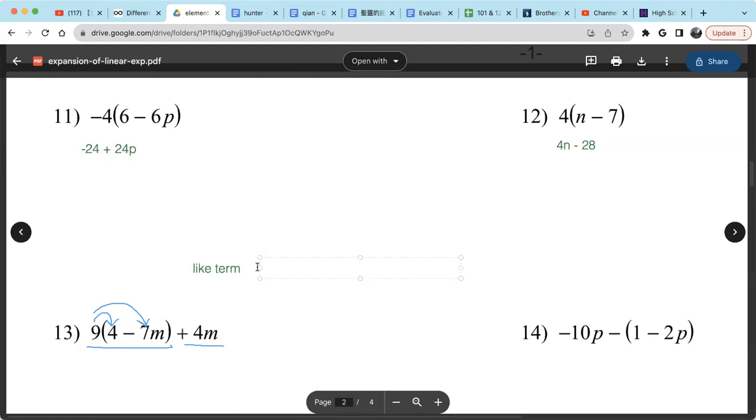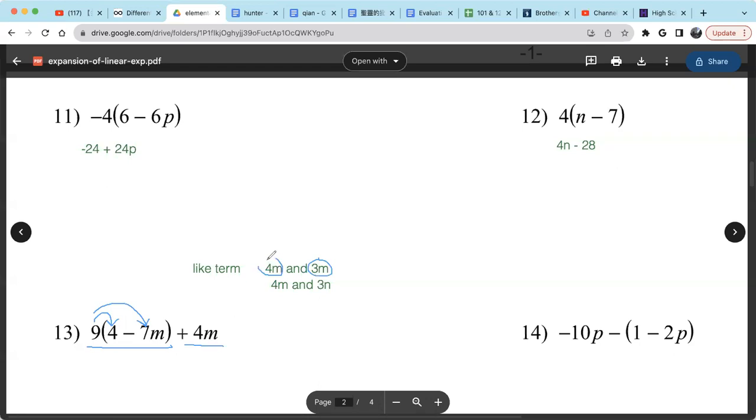Let's see, 4m and 3m will be like terms, right? But if I have 4m and 3n, those two are not like terms. So 4m and 3m are like terms.